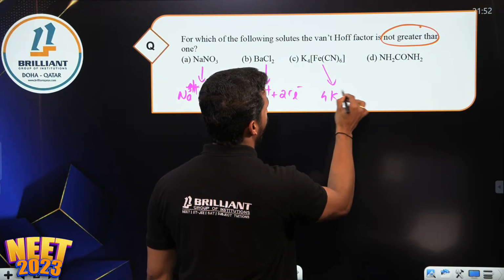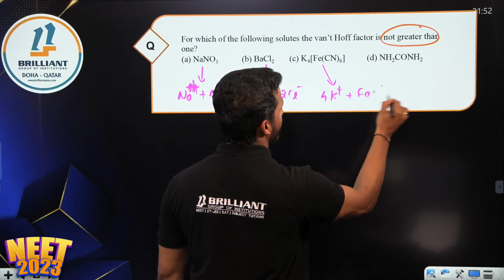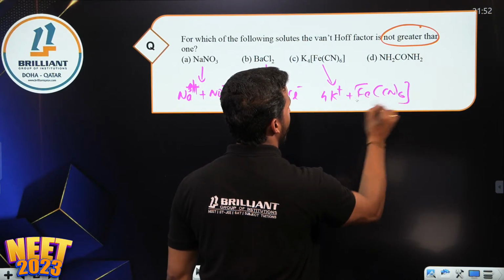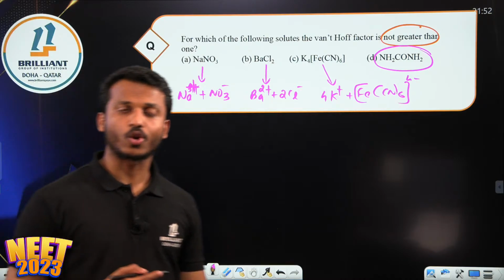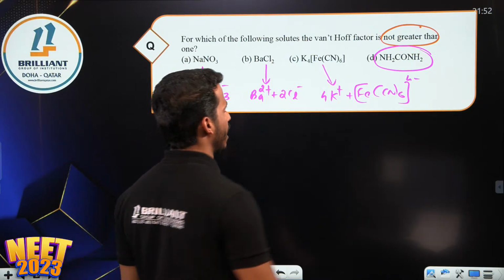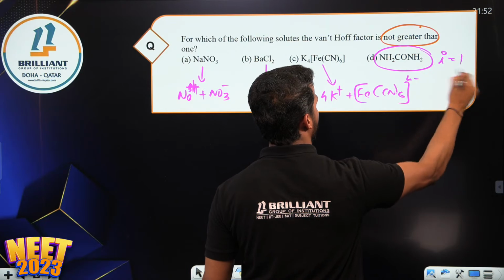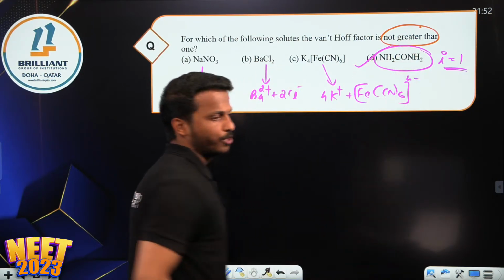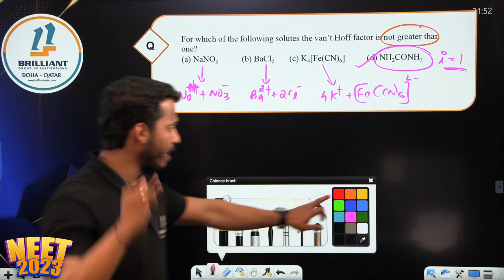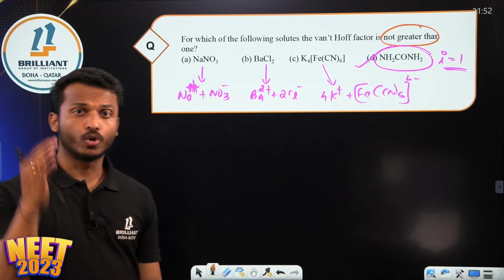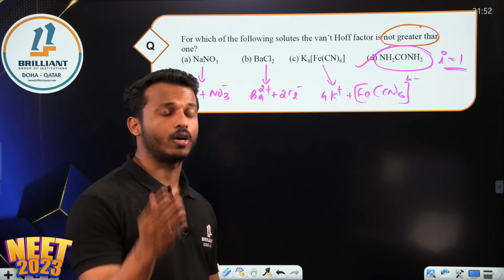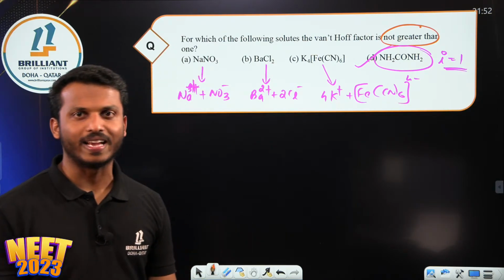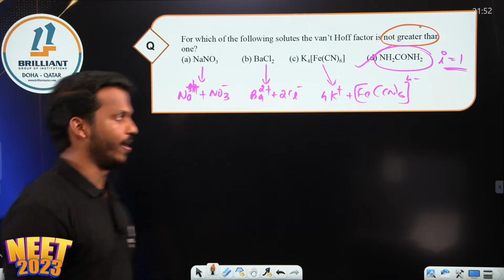K4Fe(CN)6 will give you 4K plus and Fe(CN)6 4 minus. But dear all, this is urea. Urea is a non-electrolyte. It won't undergo further splitting in water. Its i value is equal to 1. So the answer is option D. Ethylene glycol, benzene, sugar, urea, these are all non-electrolytes, sugar and glucose etc. For non-electrolytes, the i value is equal to 1.